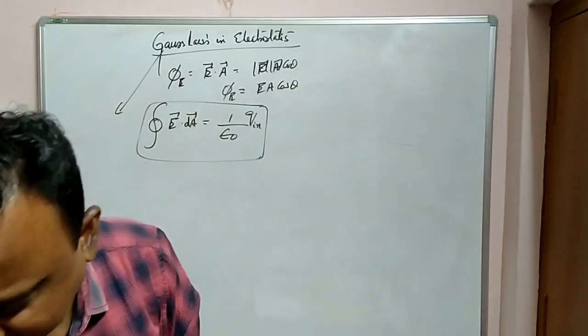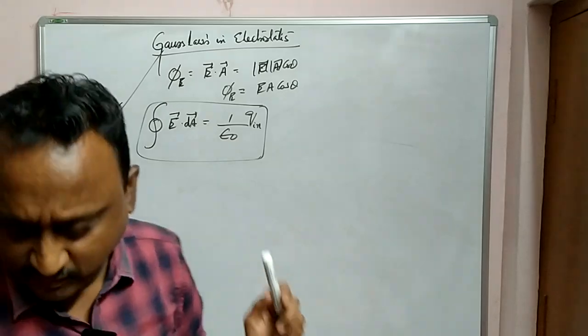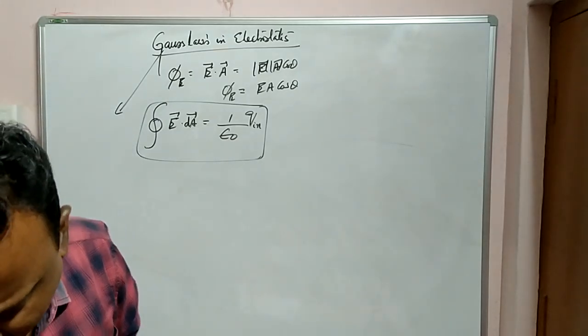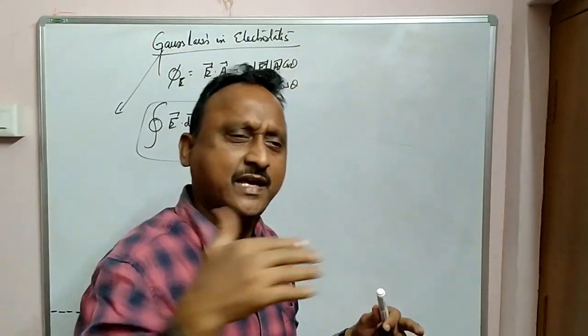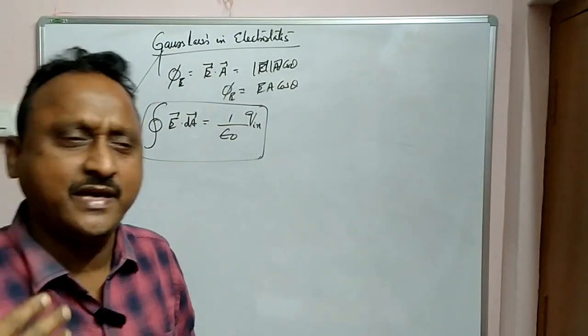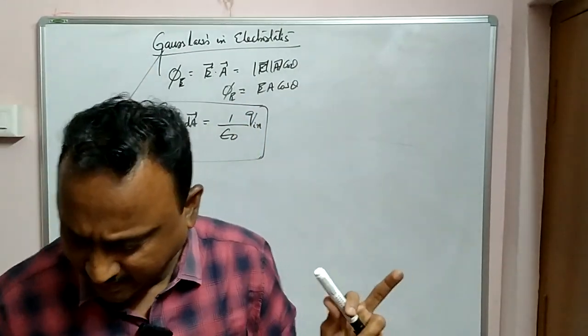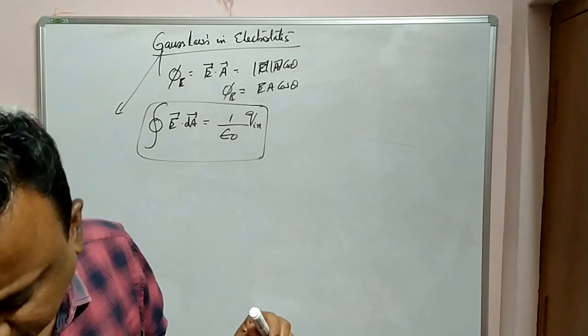Very important mathematical formula. Clear? And as I said, for 2D figures the area vector may be inside or outside, but for 3D it is always outside only.